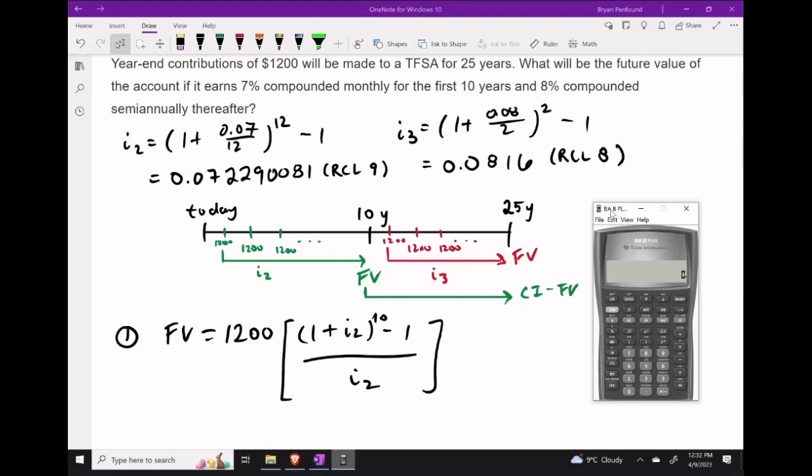All right, so let's start calculating the future value of our green payment stream. Let's take our 1 plus recall 9 to bring back I2. Let's close that bracket, raise this to the power of 10, and then subtract 1. Notice here that n is equal to 10 because we do have 10 payment periods throughout those 10 years.